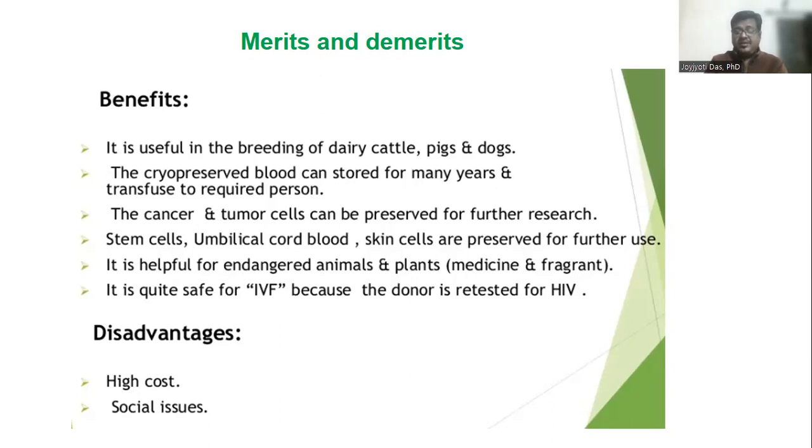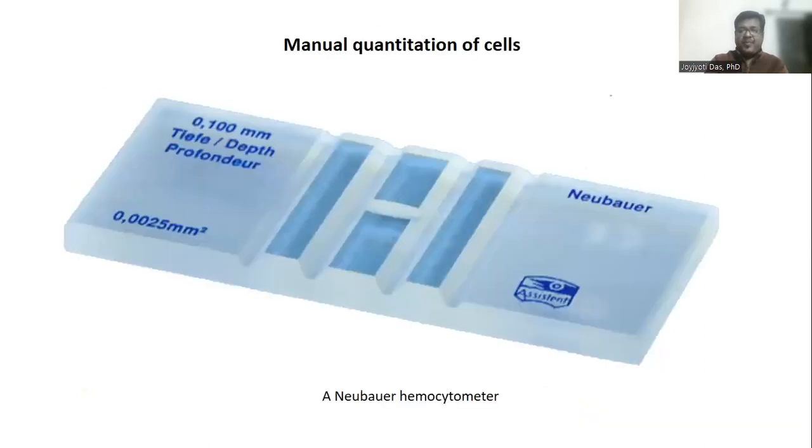And there are social issues of preserving reproductive cells such as sperm and ovum, which is one of the main issues with in vitro fertilization. However, it's a very important technique in animal cell culture, which is why it is an important part of today's lecture.